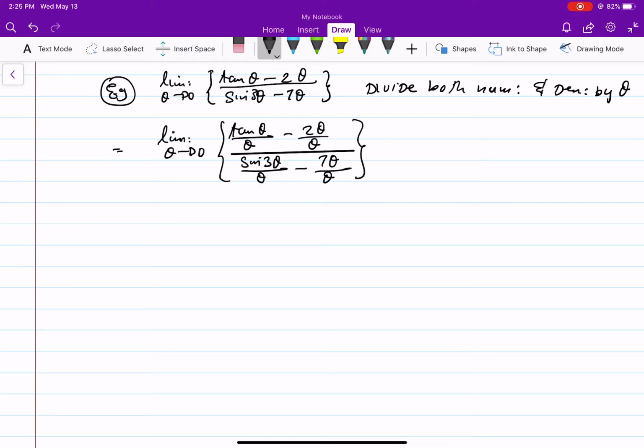That means each piece will be divided by theta, right? If I divide or multiply numerator and denominator by the same thing, I haven't changed anything. Now I have several different parts to work on.